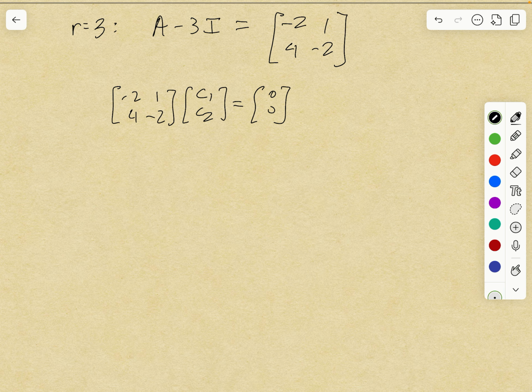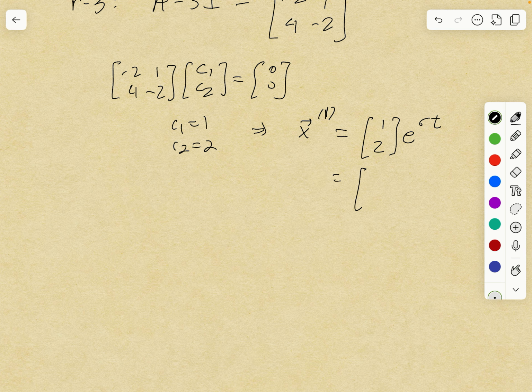C1 equals 1, C2 equals 2 will work, right? When I take the dot product, I get 0 for the top and bottom. And so I found my first possibility for x. Let's call it x with a superscript 1 in parentheses. That's going to be 1, 2 times e to the rt, or e to the rt, 2 e to the rt.